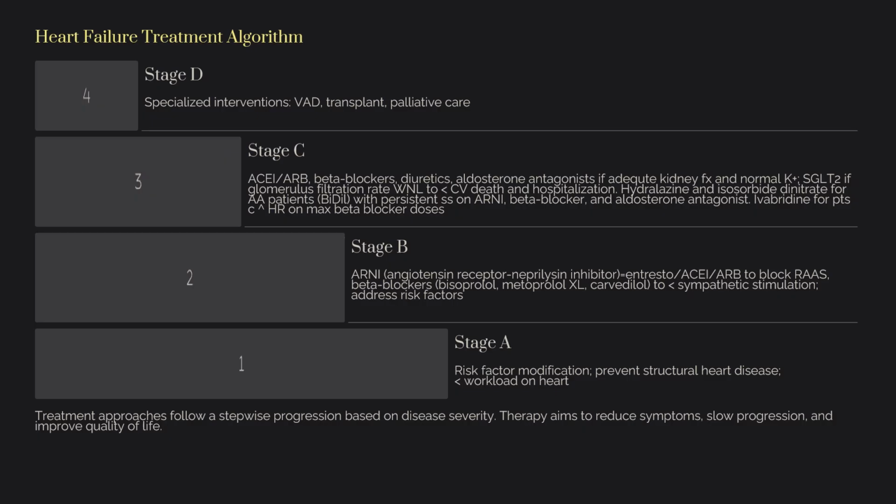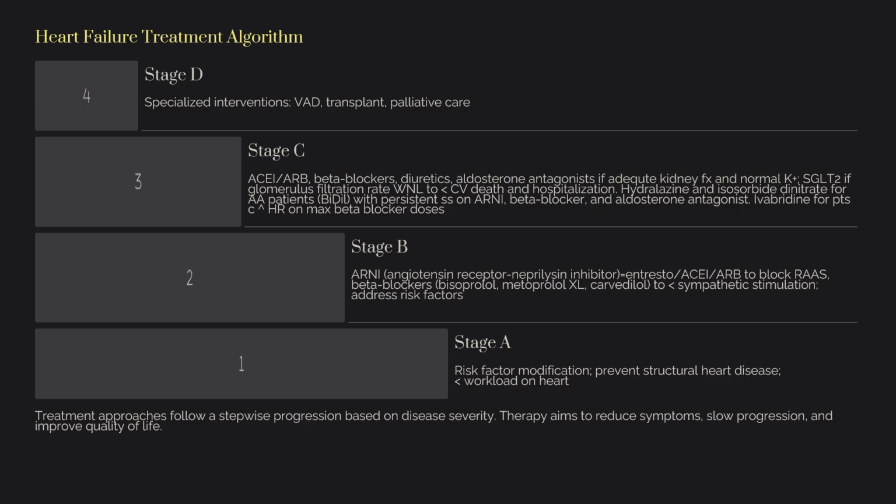Okay. All right. So on that note, I have a note here that on page 774, there's a picture going over the algorithm for treating heart failure. So we start at stage A. The first thing that we're going to do is we are going to adjust the risk factors for heart failure. Okay. The ultimate goal there is to reduce the workload on the heart.